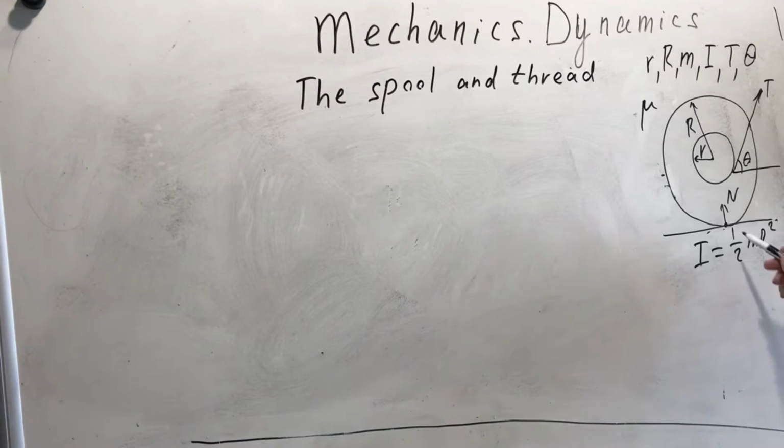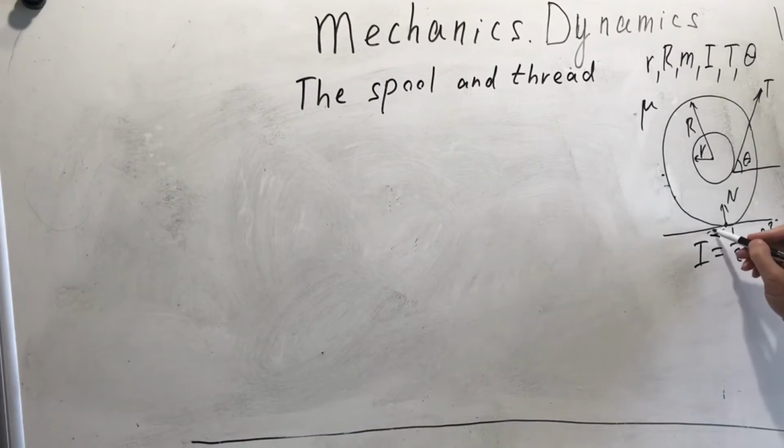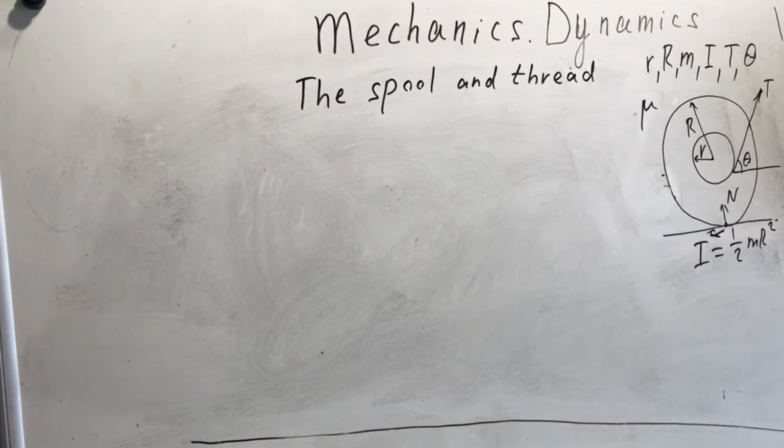If we take a look at this picture, we can see that in the point of contact we have normal force and we have force of friction which are going through this point. And the thing is, how is this tension T applied to this spool.